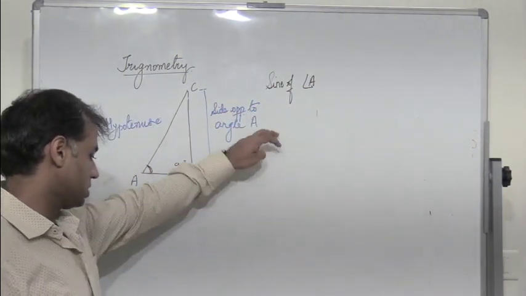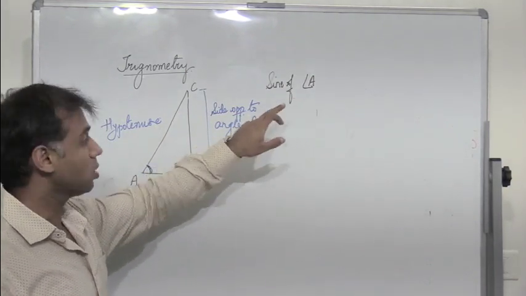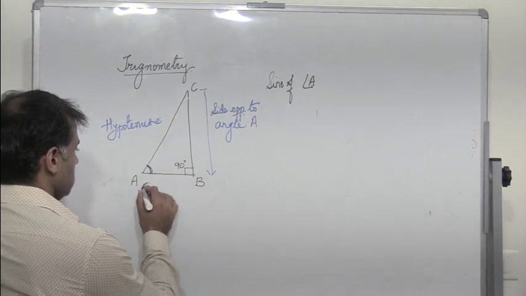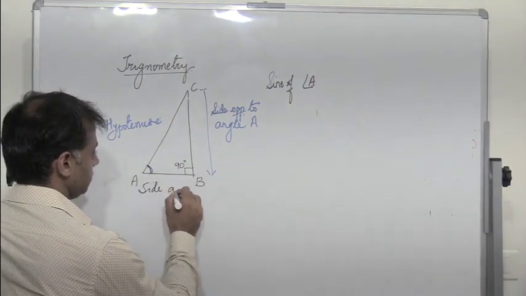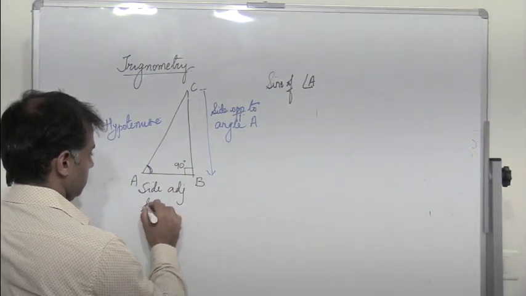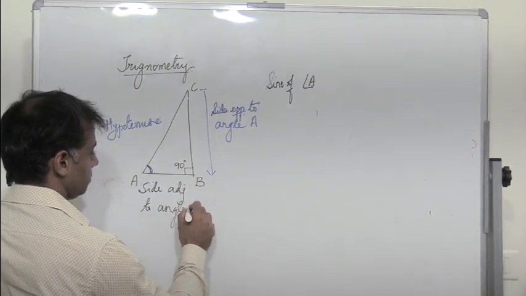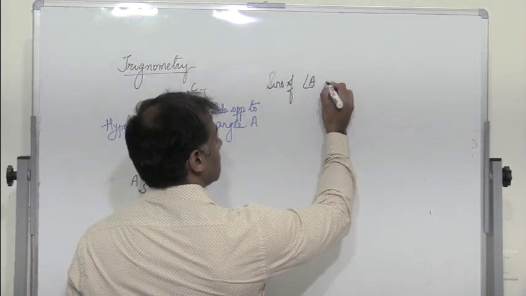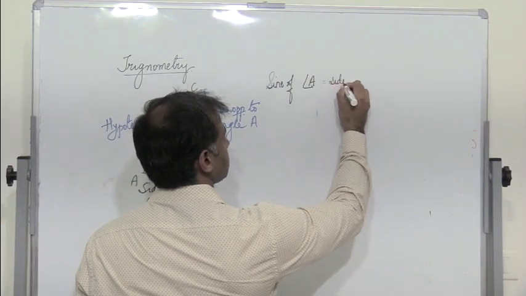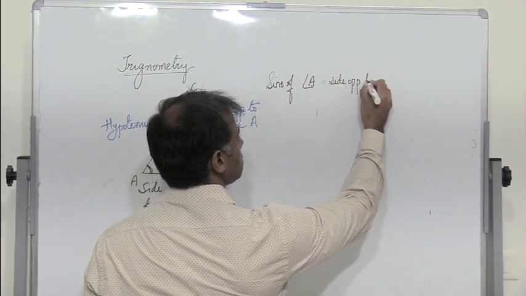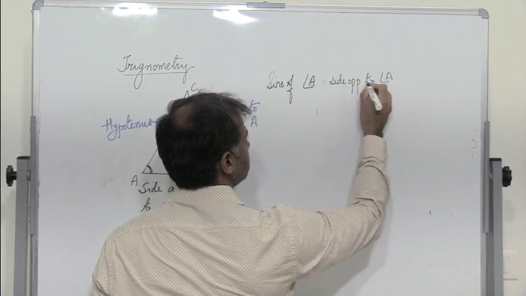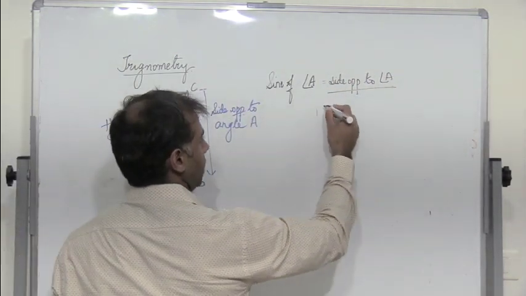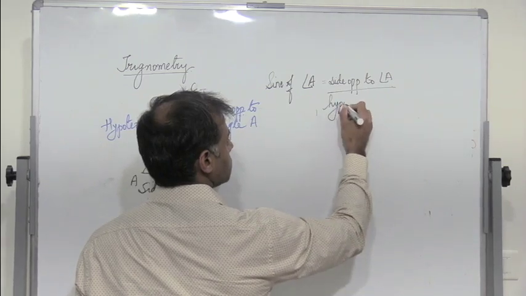Okay, so this is the sine of angle A. This is all with respect to a right angled triangle. This is the side adjacent to angle A. So the sine of angle A is the side opposite to angle A divided by the hypotenuse.